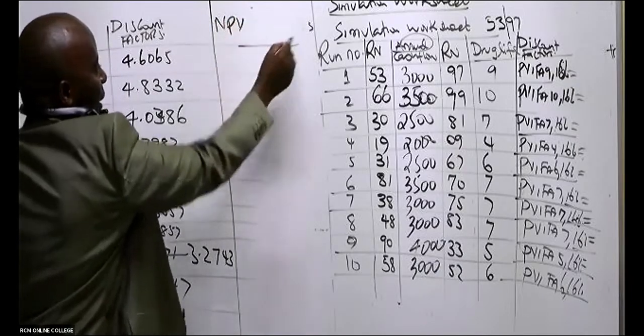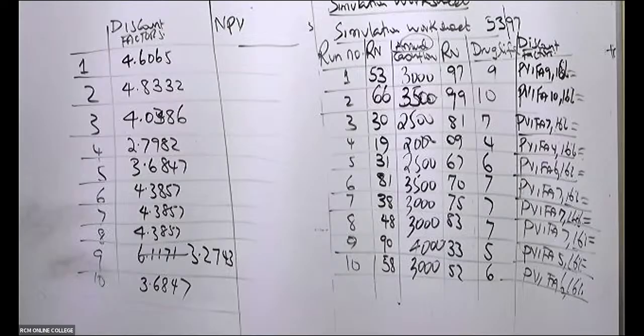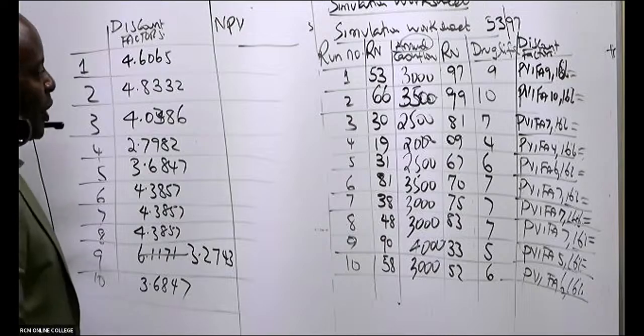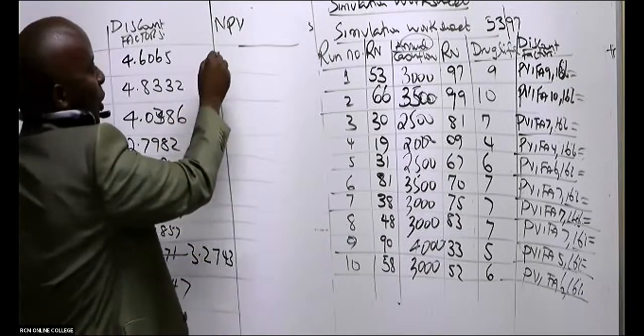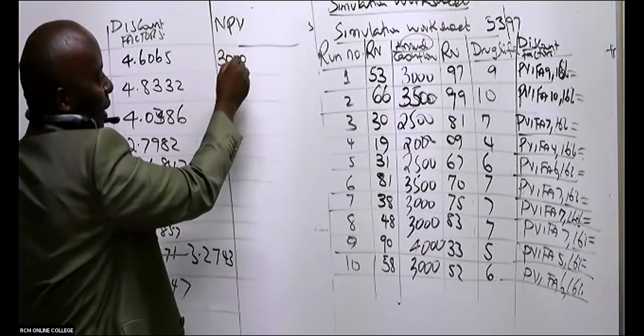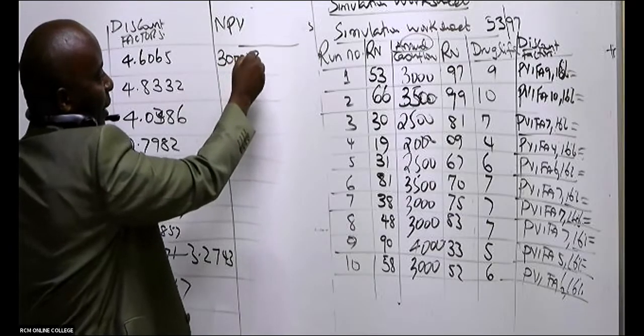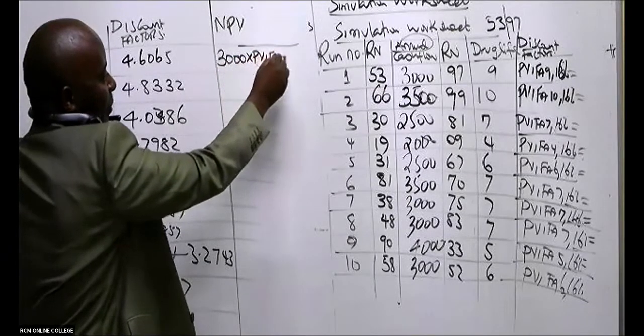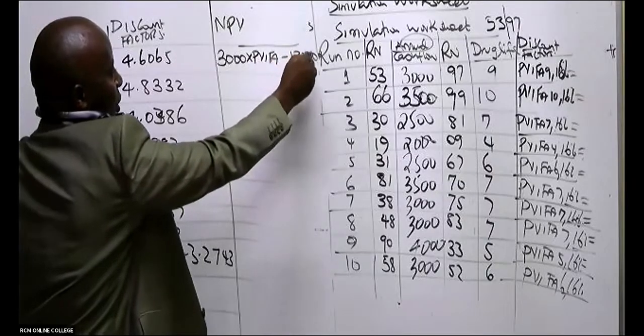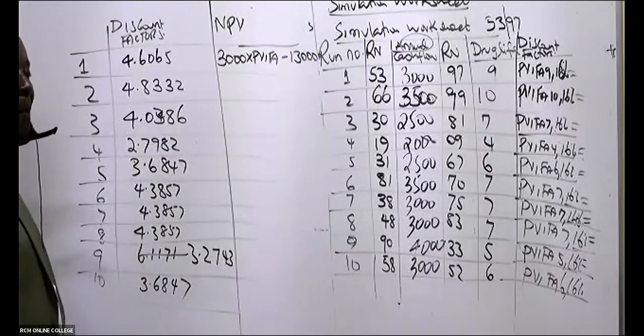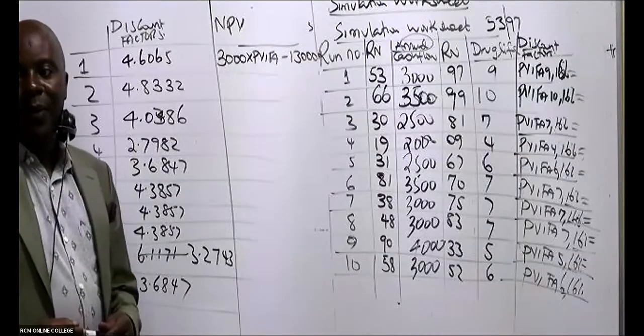You can come and do the last column, which is the column of net present value. And what do we do now here? You can see run number 1. We shall be enjoying a cash flow of 3,000 per annum, isn't it? Times, in this case here, this PVFA, minus initial outlay. Initial outlay, you give me a figure of 13 million.